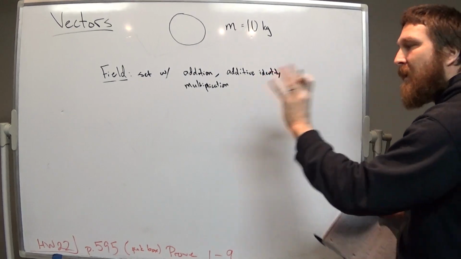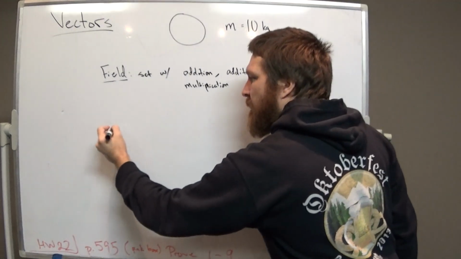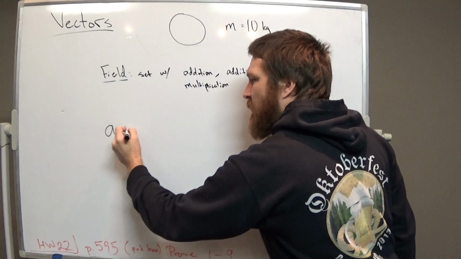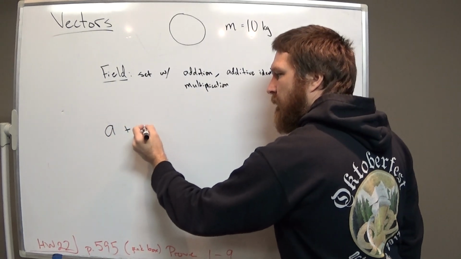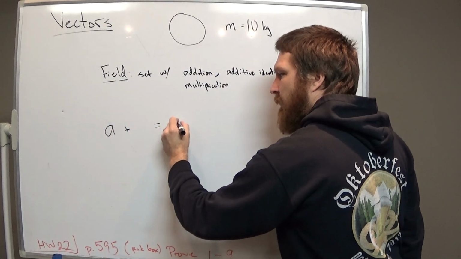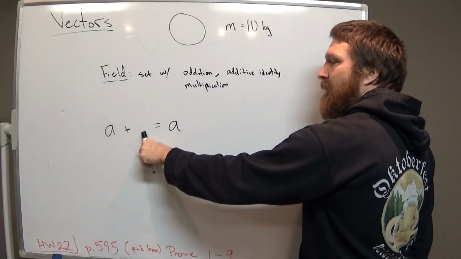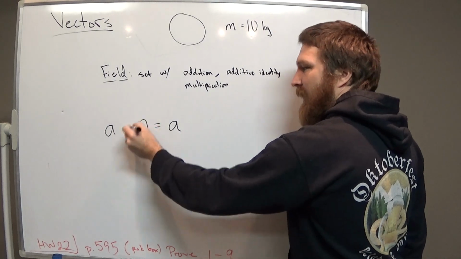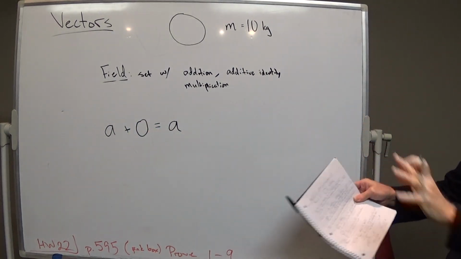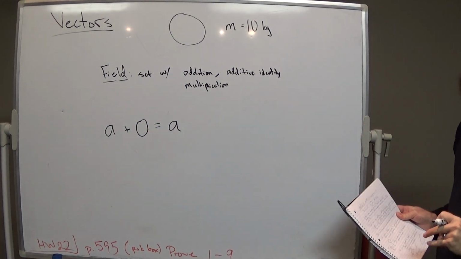And by that I mean there's some number that you could add to any number, and it gives you back the original number. What would that be? 0. Okay? So 0 is the additive identity.